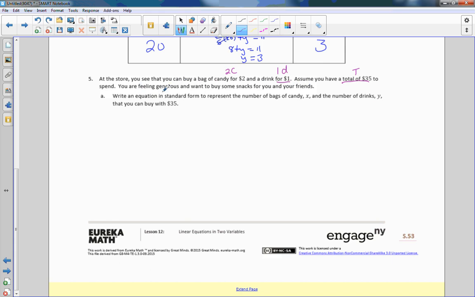Write an equation in standard form to represent the number of bags of candy, X, and the number of drinks, Y, that you can buy with $35. So they're saying candy X and drinks Y. So this equation is 2X plus 1Y, or just Y, equals our total of $35.